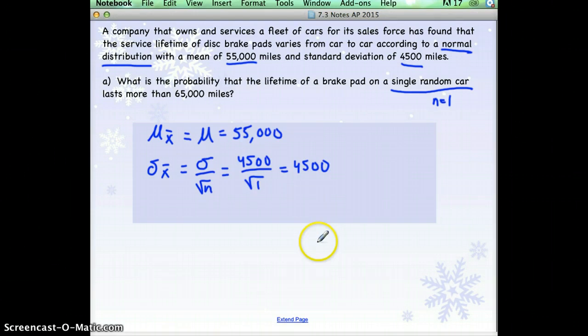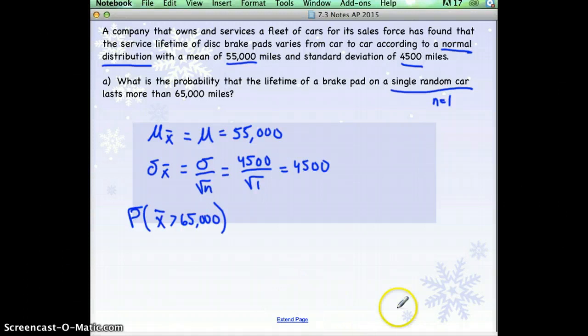Okay, so we're going to take that information, and what we want is to find the probability that the mean of our sampling distribution is more than 65,000. Well, that means that we're going to need to find a z-score.